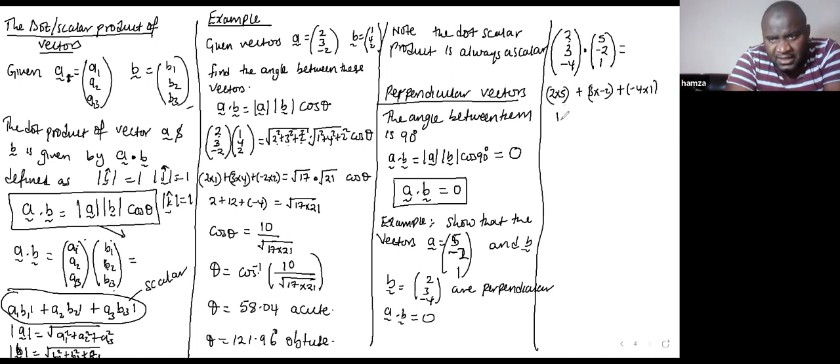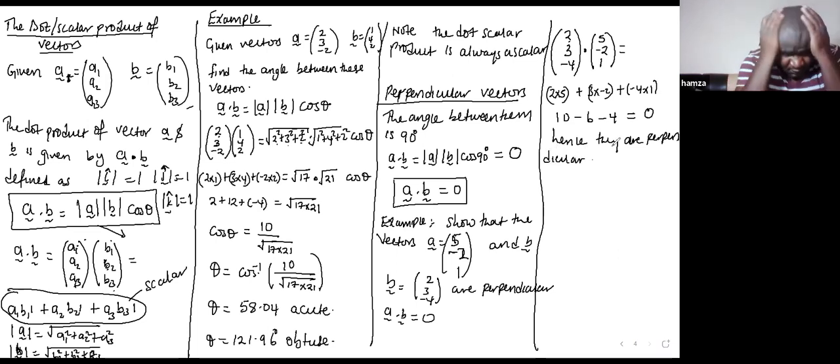This will give me 10 minus 6 minus 4, and the answer is 0. This confirms that they are perpendicular.